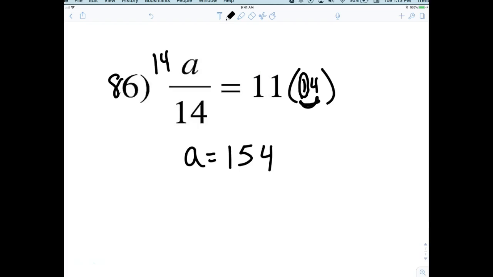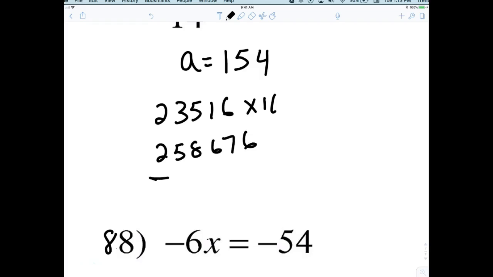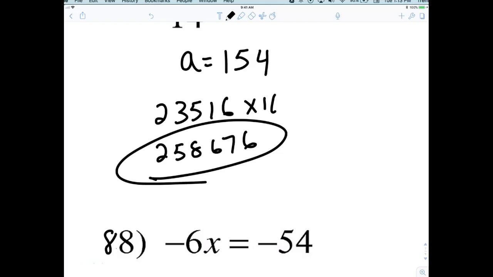So just to review, look up here on the board. If I said 23,516 times 11, you should be able to tell me 258,676 is your answer. Obvious, right? For those of you who it's not so obvious, let me show you.